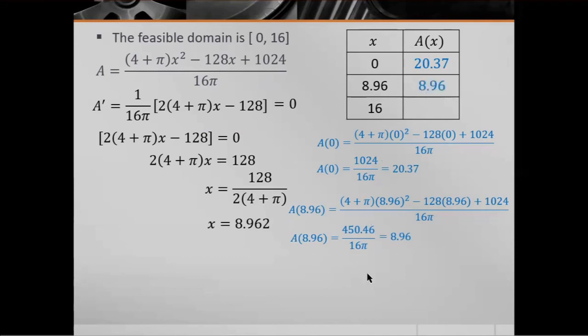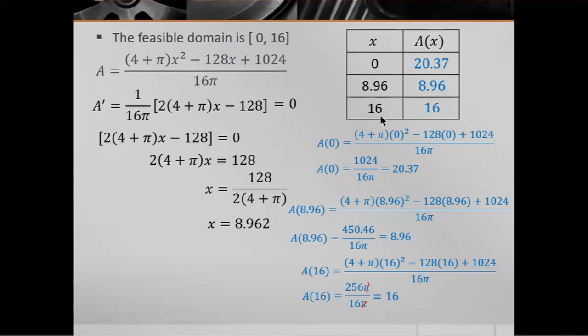At yung last yung 16. A of 16, 16 square, tapos yung 16 sa isa pa. So, pag in-evaluate natin yung numerator, meron tayong 256π over 16π. Cancel out yung pi. So, 256 divided by 16 and that is 16. So, 16 din dito. So, na-complete na natin.